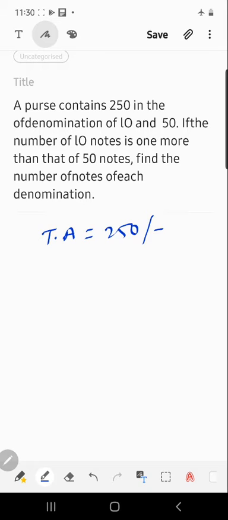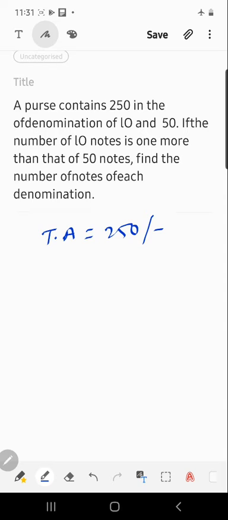So our aim is to take either the number of 10 rupees notes or the number of 50 rupees notes as x. For that, read the relation between 10 rupees and 50 rupees notes. If the number of 10 rupees notes is one more than that of 50 rupees notes, that means if we know the number of 50 rupees notes, we can find the number of 10 rupees notes.